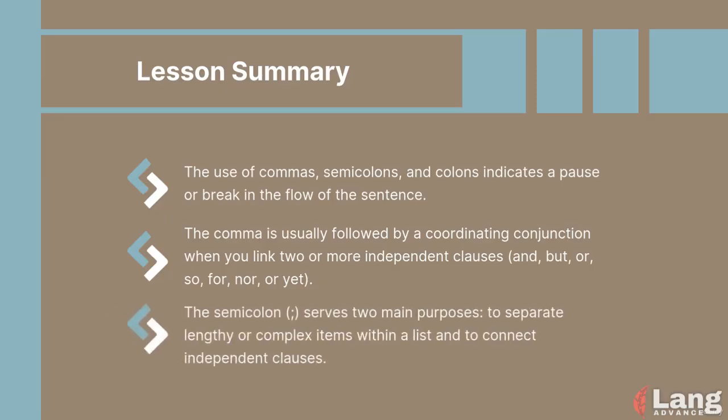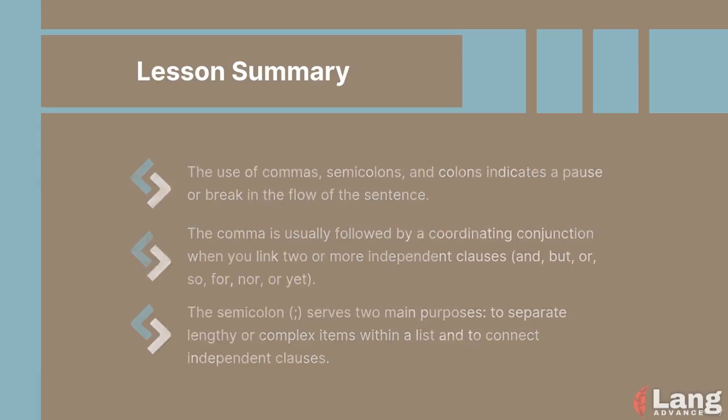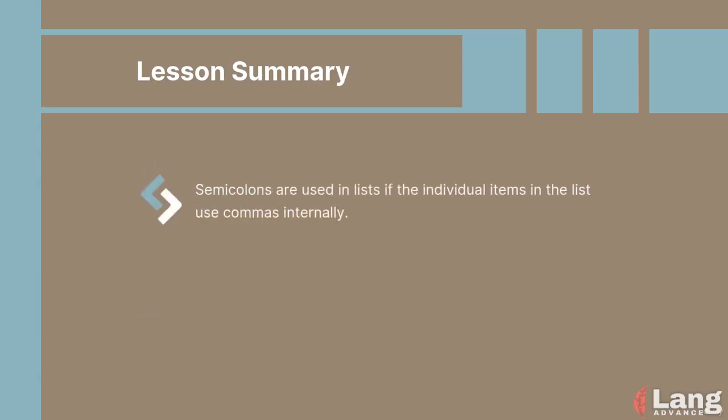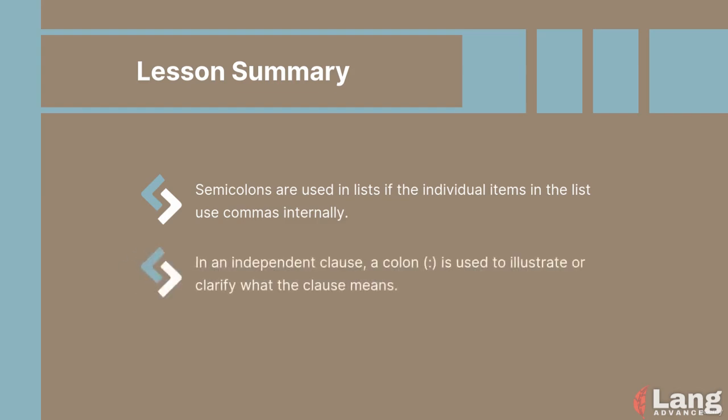The semicolon serves two main purposes: to separate lengthy or complex items within a list, and to connect independent clauses. Semicolons are used in lists if the individual items in the list use commas internally. In an independent clause, a colon is used to illustrate or clarify what the clause means.